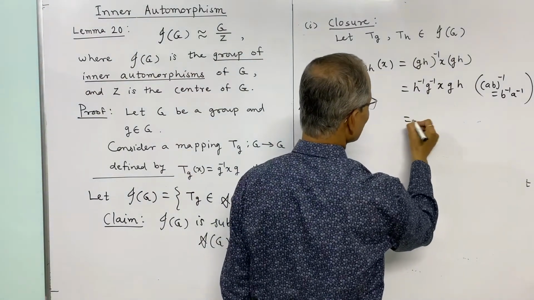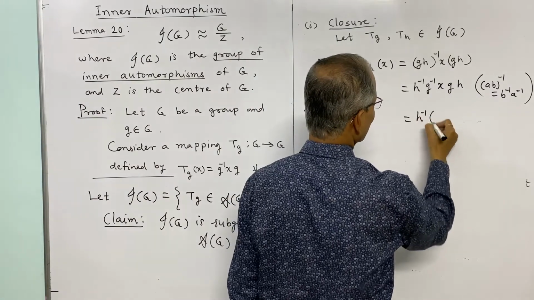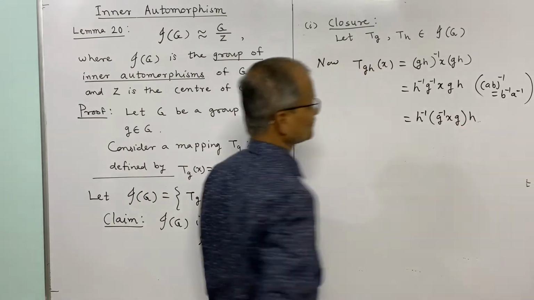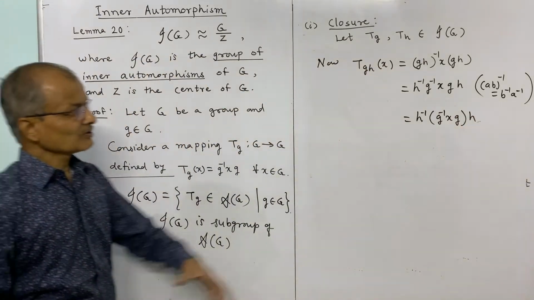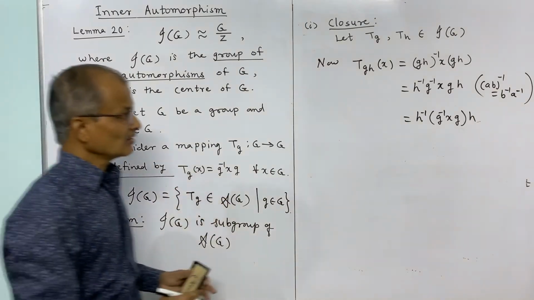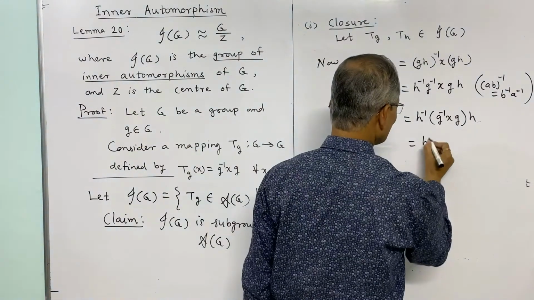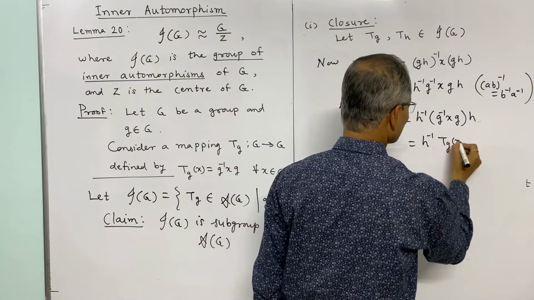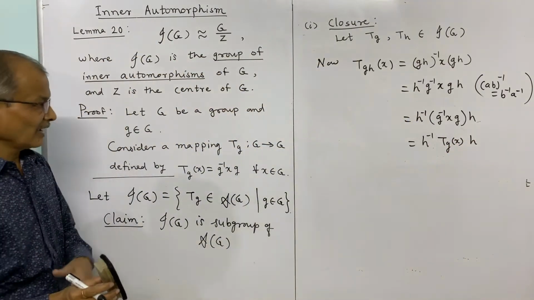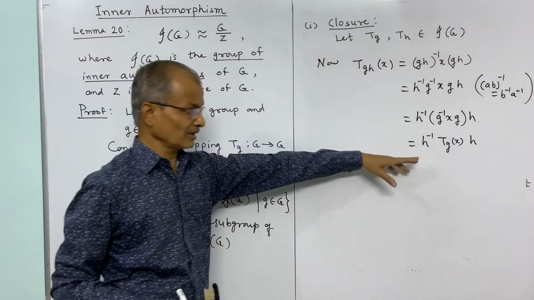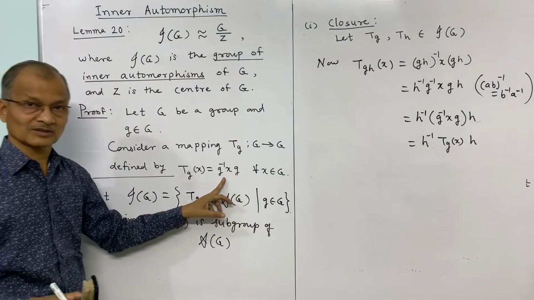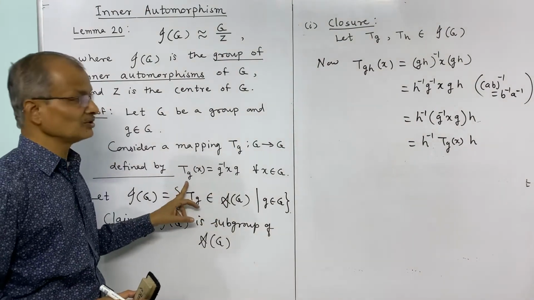Again we can write this as H inverse G inverse X G into H, and you see the middle element is TG of X. So this will be H inverse TG of X into H, and that H inverse TG of H will be TH. See, instead of G there is H, and therefore that will be TH.